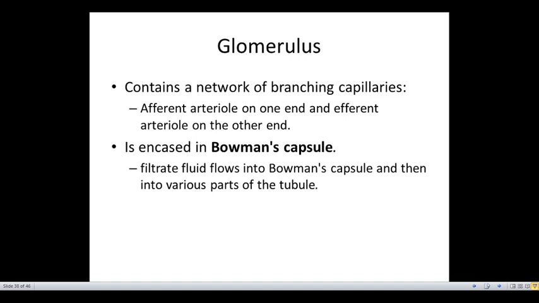The glomerulus contains a network of branching capillaries with afferent arteriole on one end and efferent arteriole on the other end. The glomerulus is encased in Bowman's capsule, and filtrate fluid flows into Bowman's capsule and then into various parts of the tubule.